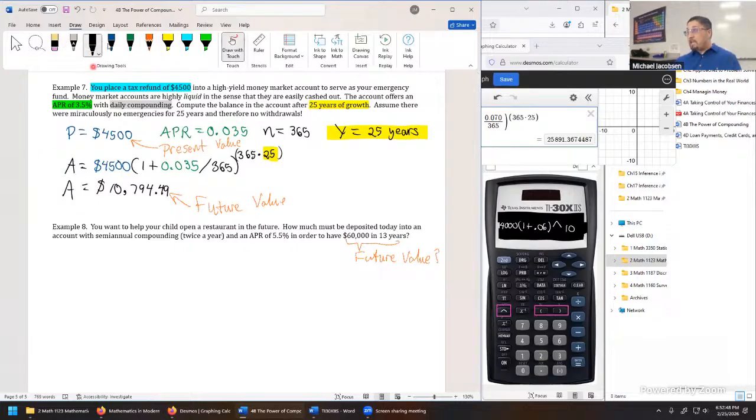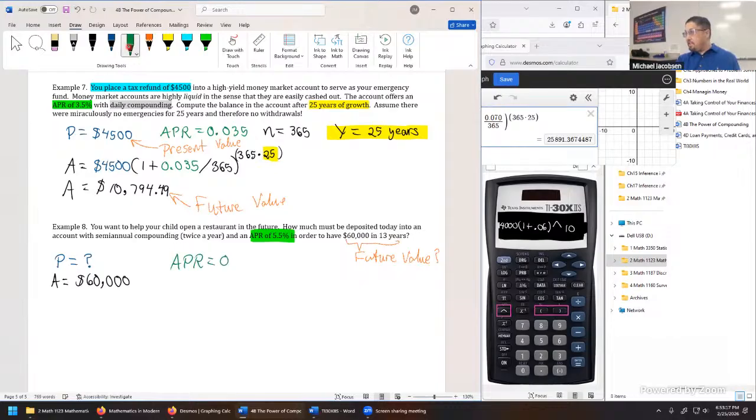So we do not know the principal. Principal is a complete unknown on this one. We know the future value amount, this amount A being 60,000. We've got a figure of $60,000 altogether. And what else do we know? There's an APR of 5.5%.